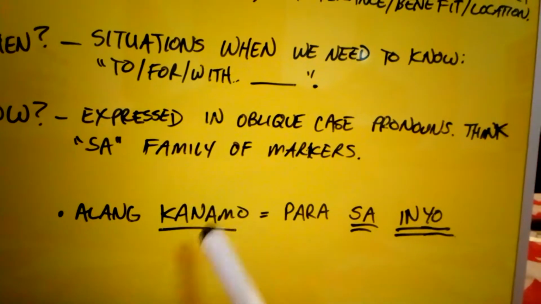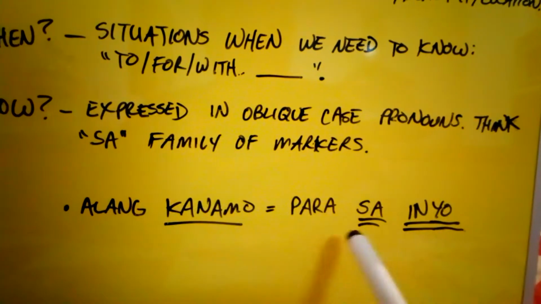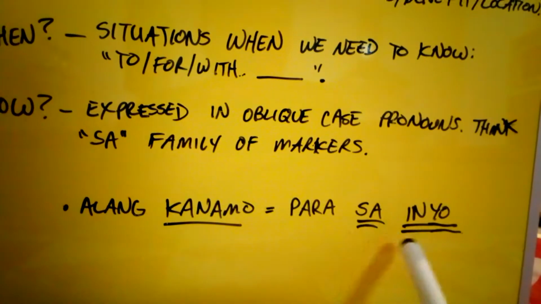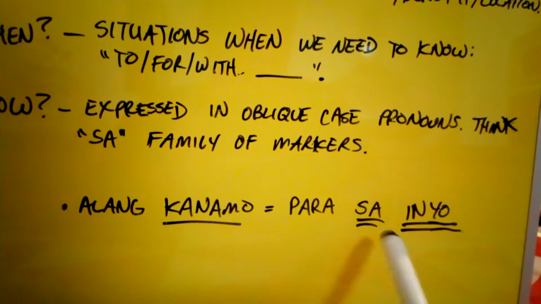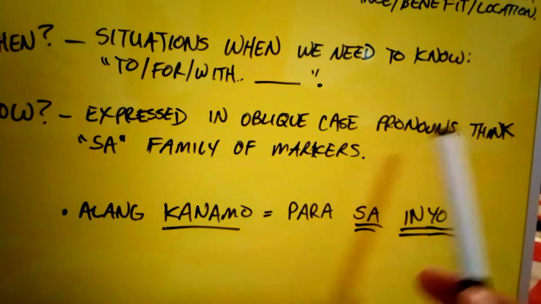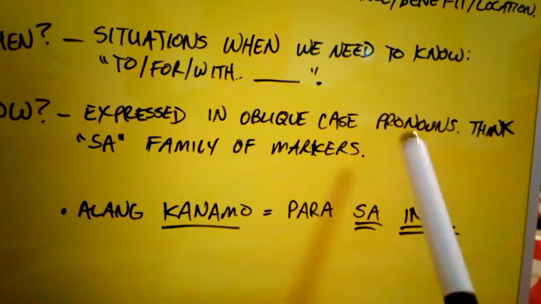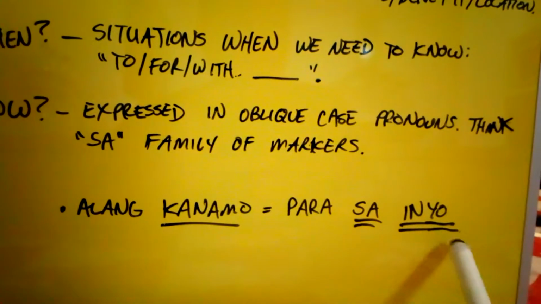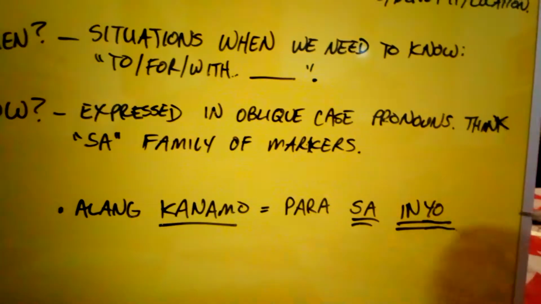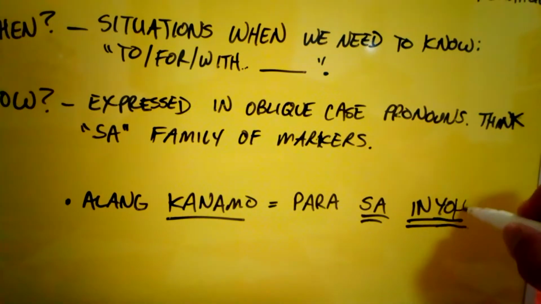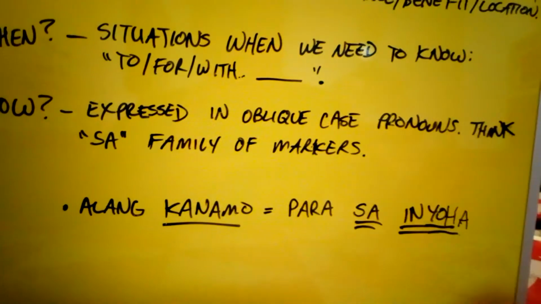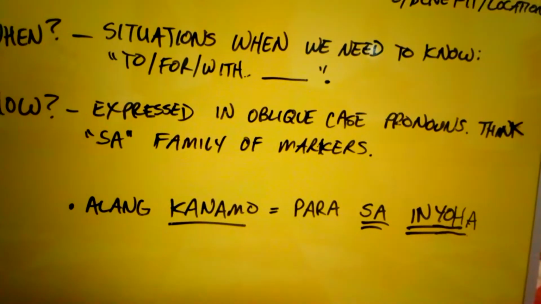Now, kanamo written as sa inyo can also be looked at in the oblique case. However, it's just written with that sa. Again, think of that sa family of markers. Sa inyo. Actually, this needs to be specified. So, sa inyo ha, right?